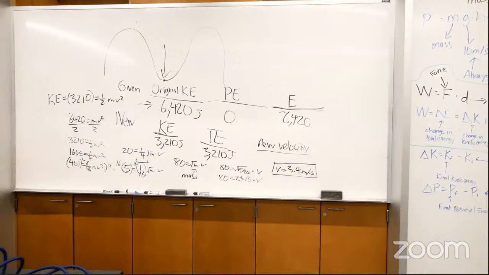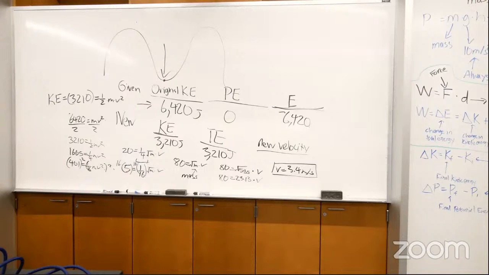Now we just need to work on the last problem, figuring out the highest second hill that you can climb. So my new velocity is 3.4, right? Mm-hmm. And then now for B, the unknown, what would I put right there?